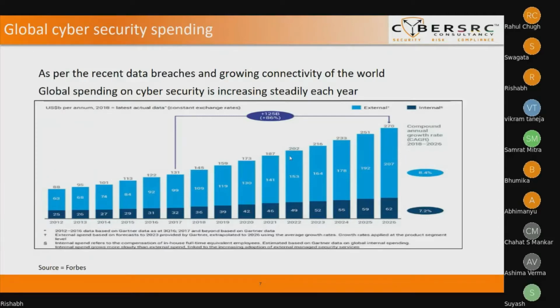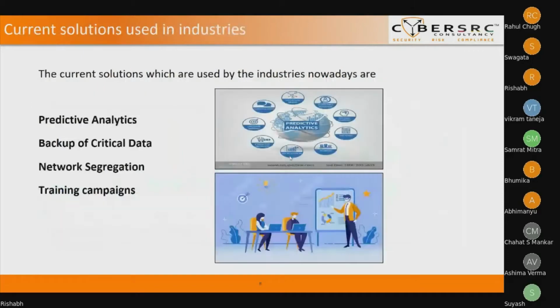That's why companies use many security solutions. Let's see some of them here. Predictive analysis, where we use security solutions like SIEM to take logs from different infrastructure endpoints or different user logs and analyze where our weak points are.